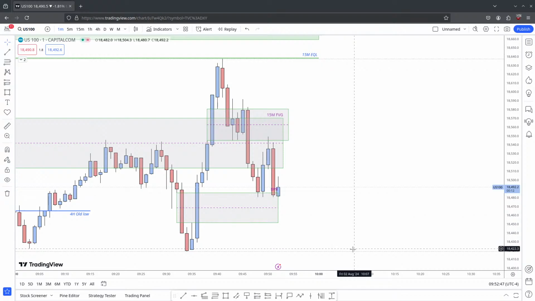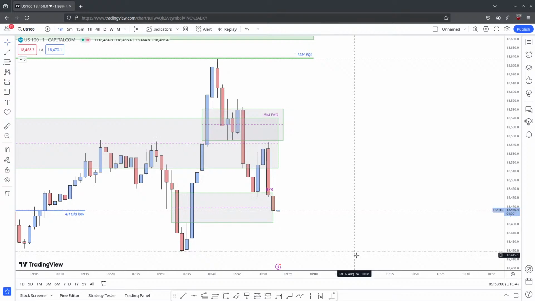And if you're not going to take the partial, then consider at least moving your stop into a profit. Okay, put your stop where your commissions and your fees would be covered, so that even if it does come back and give you a stop, you would not lose anything.